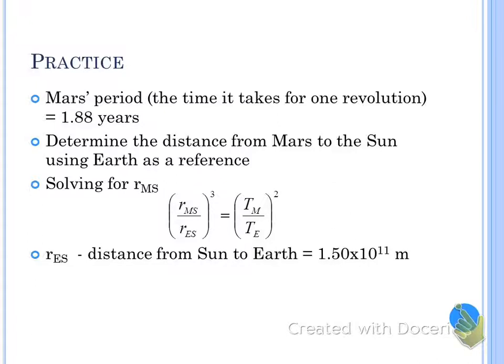So in this problem, does it matter if the period is in years or in seconds? Do you think it makes a difference? In this problem, it doesn't. We're just looking at that ratio. Since there's no constant in this equation that needs the units to be specific, there's no need for us to convert years to seconds. Okay?